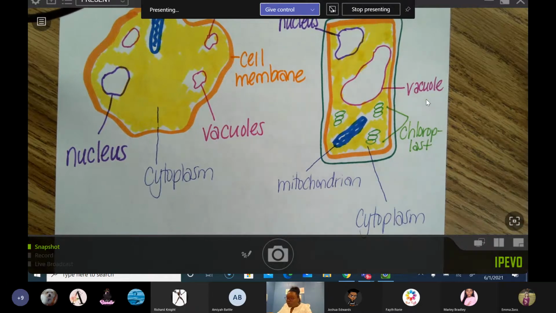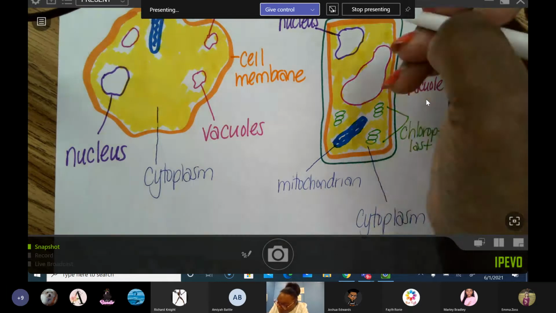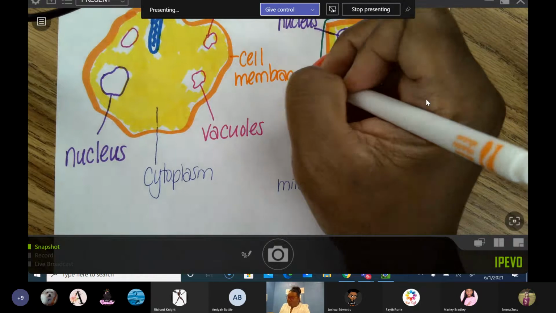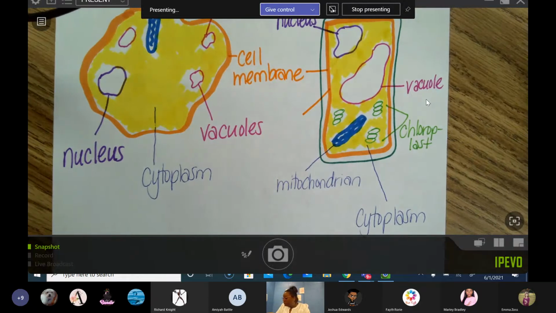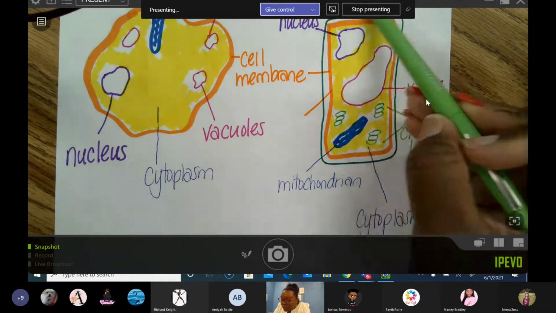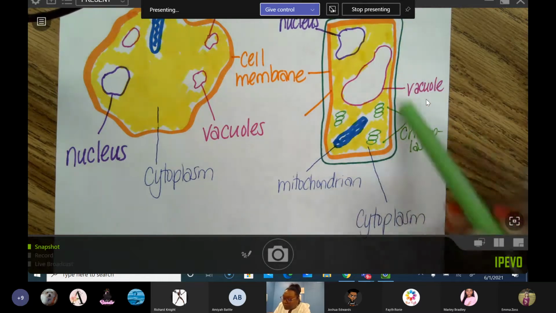That orange structure here is our cell membrane. That's our cell membrane. And that green structure is a rigid, rubbery structure.